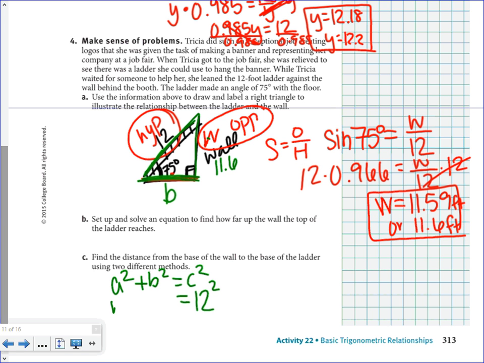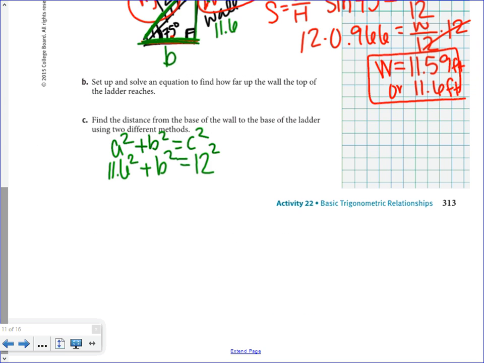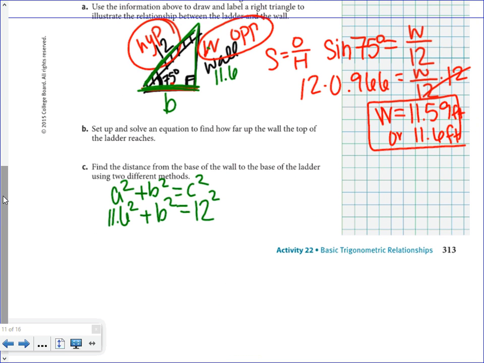And then we're looking for B. So I'll use 11.6 as my A. So 11.6 squared plus B squared, although you could have them switched. So 11.6 squared would give you 134.56 plus B squared equals 144.